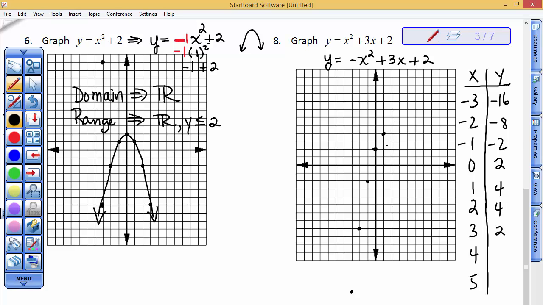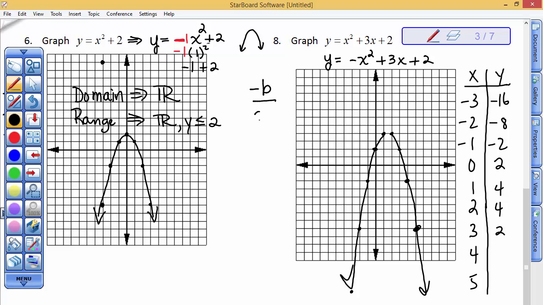So here's what happened. There's a point right here that is forming the vertex because this curve wants to go like this. And it wants to go like this because this is going to be my next point from here to here. And then see this point? I'm going to go ahead and mark that spot right there. I have to figure out that spot right there. And to find a vertex, a formula to do that is to take the opposite of b divided by 2a. That means this is my a value, a negative 1.